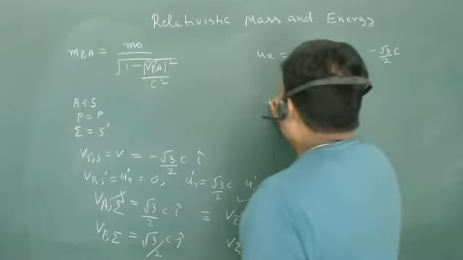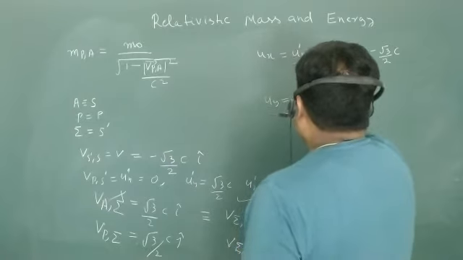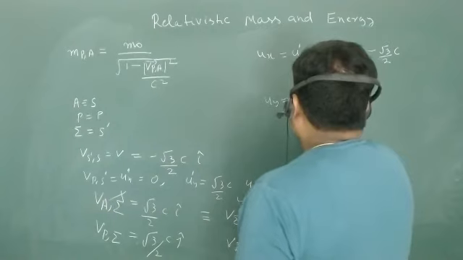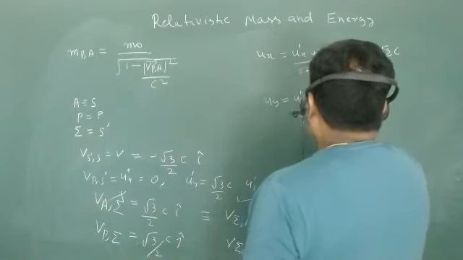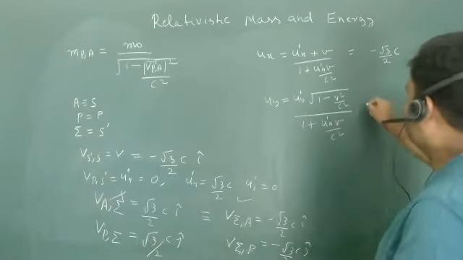What will be UI? UI is UI dash root under 1 minus V square upon C square upon 1 plus UX dash V upon C square. Remember this thing? Yes, sir.